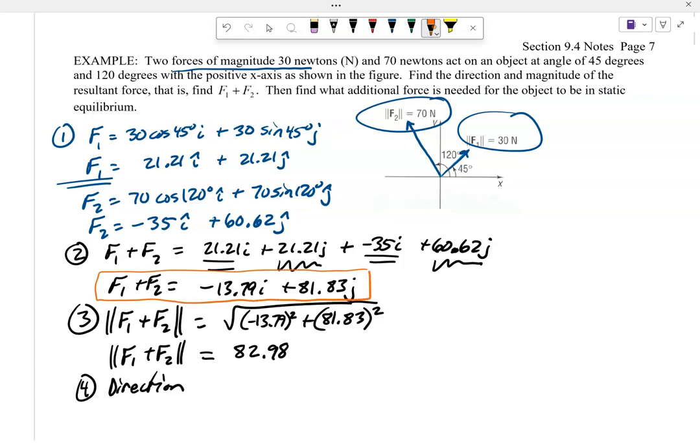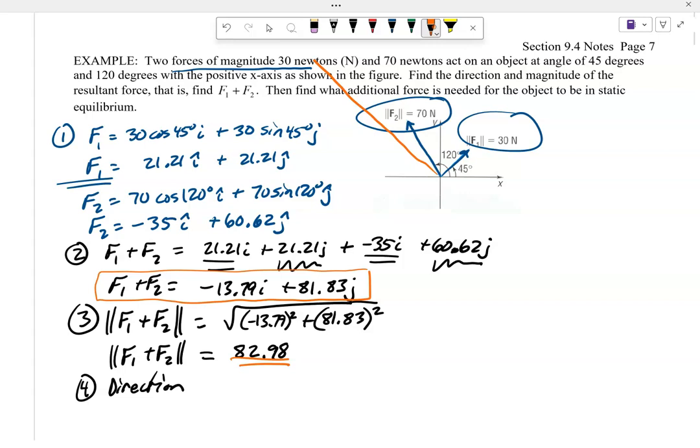Negative 13.79, 81.83j, and it's way out there. The magnitude's 82.98, right? So it's into quadrant 2. My negative 13.79, I'm up 81.83, but it's really long. Magnitude's 82.98 is our resultant force.